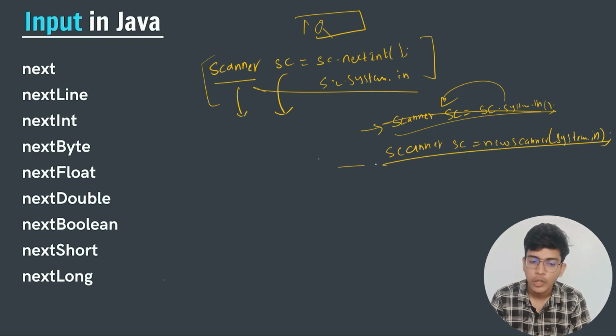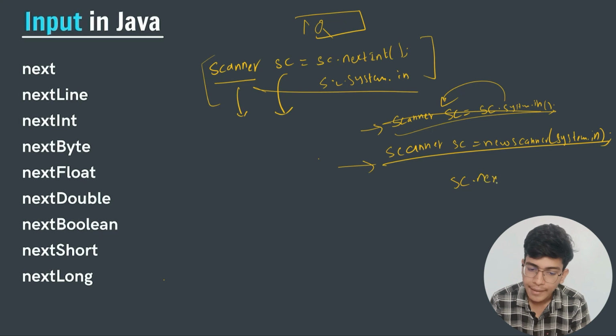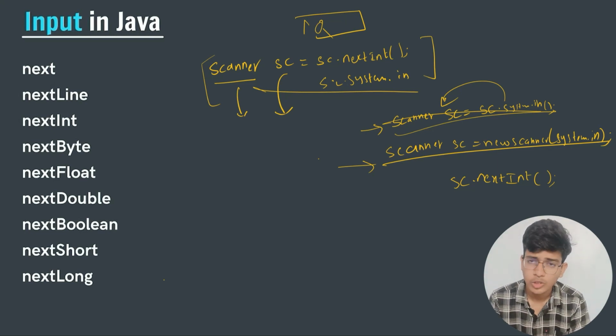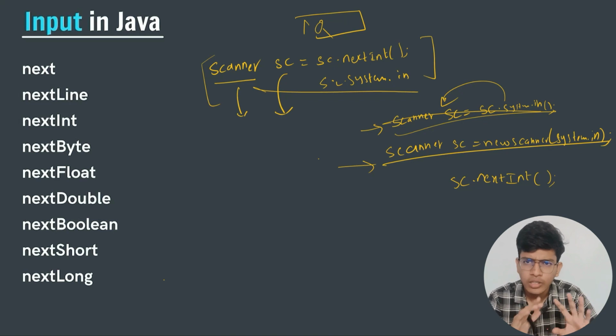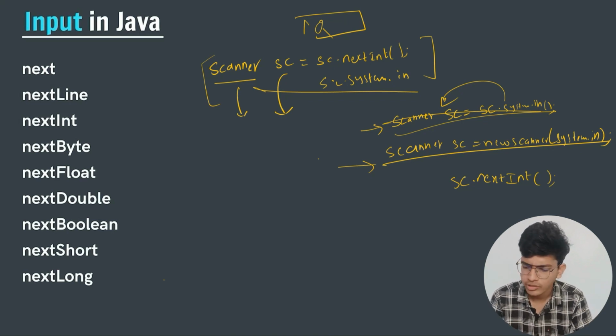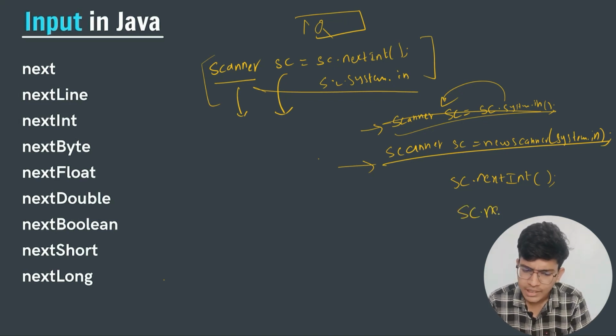This is how you can take input from the user, right? After that, if I want to take input of integer data type, then I will write sc.nextInt. If I want to get a line or sentence from the user, then I will write sc.nextLine.